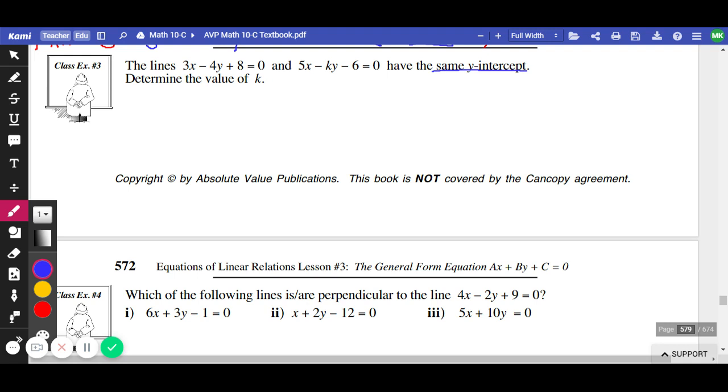What we're going to do is take this equation, the first one, and convert it to slope y-intercept form. When we convert it to slope y-intercept form, we'll know the y-intercept. It'll be really obvious to us. So I'm going to add 4y to both sides, plus 4y.